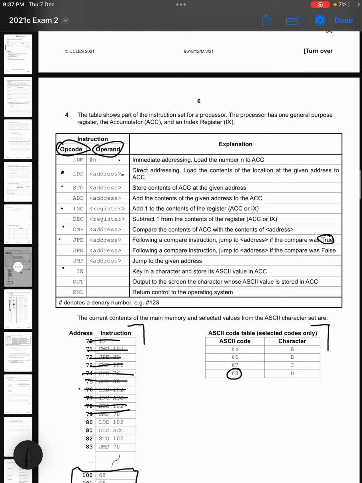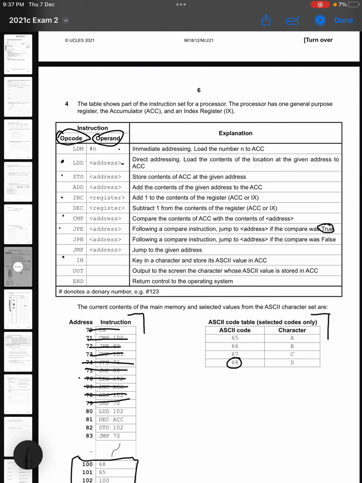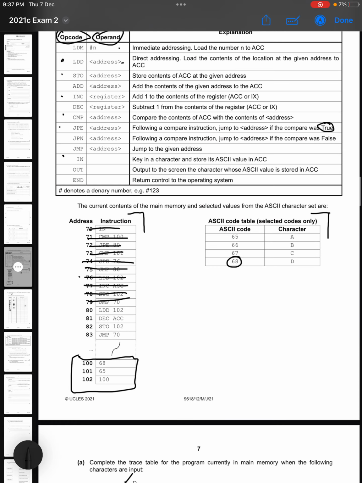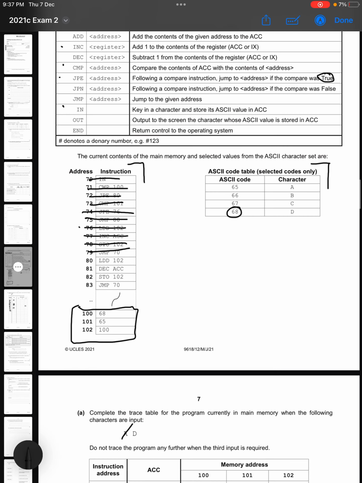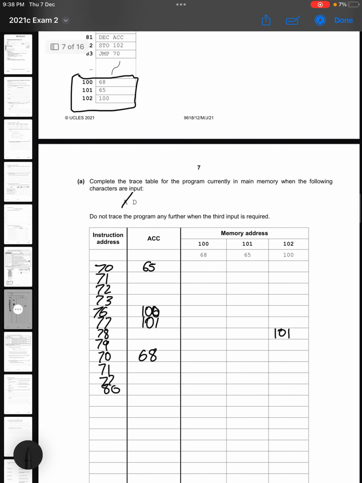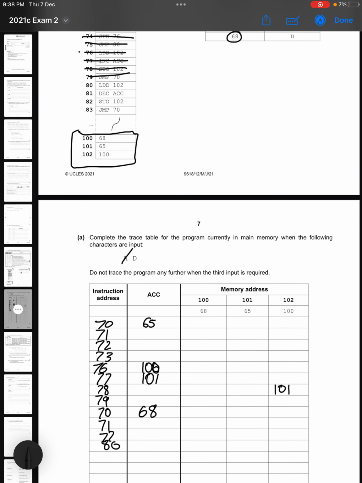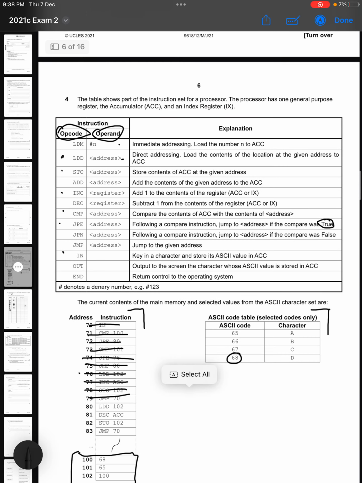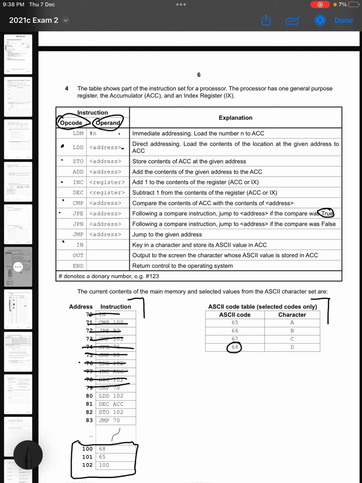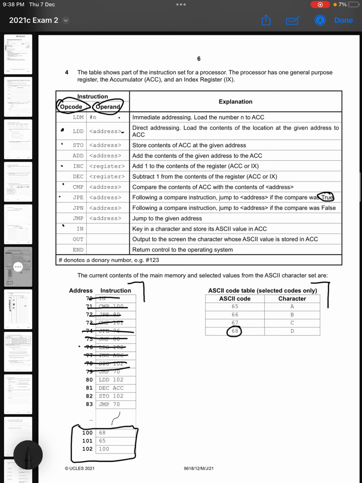Now 80 says LDD 102. So we find LDD right here. Direct addressing, load the contents of the location at the given address to ACC. So LDD 102. 102 has the value 100. And we're going to load the contents of the location at the given address.